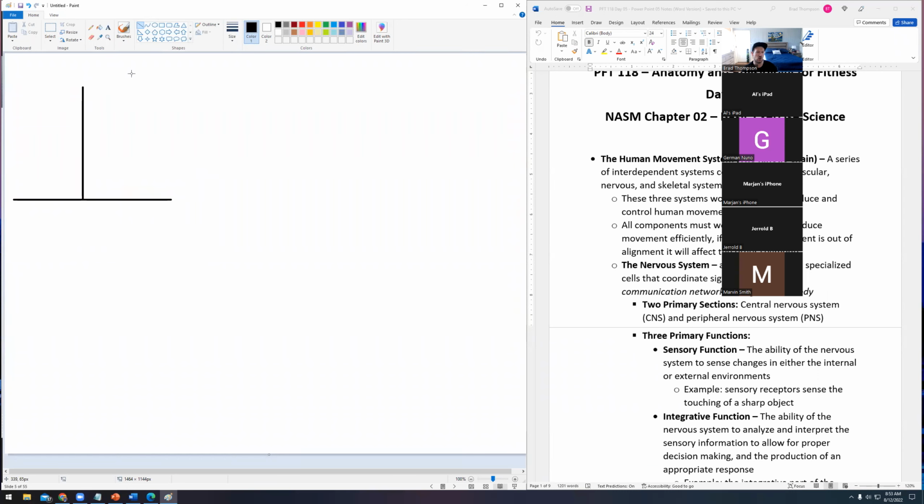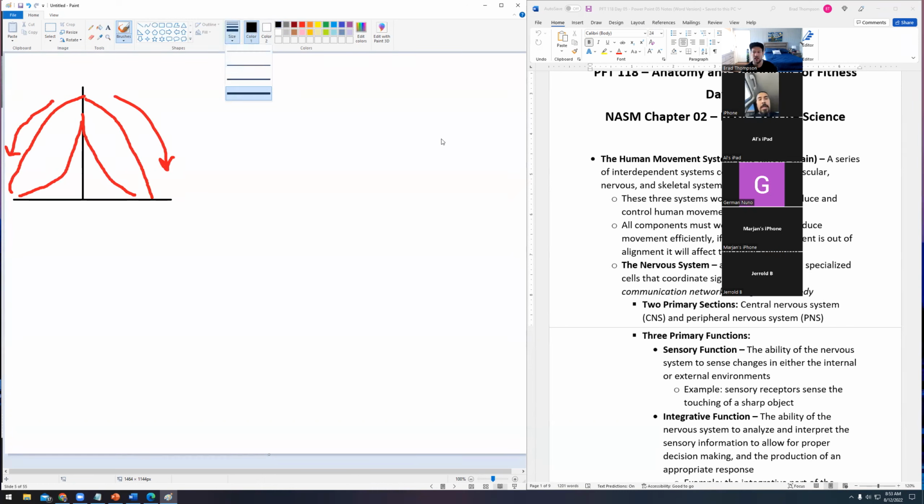In a normal environment, what we should see is a muscle on one side of the joint here and another muscle on the other side of the joint right here. And you can see this joint has exactly the same amount of room to move this way as it does to move this way, right? That's a really good balance. But what we often see instead is an alteration, right?